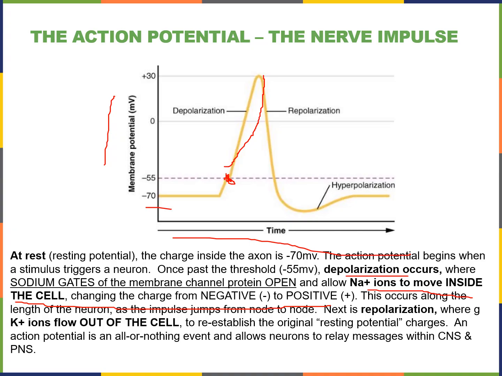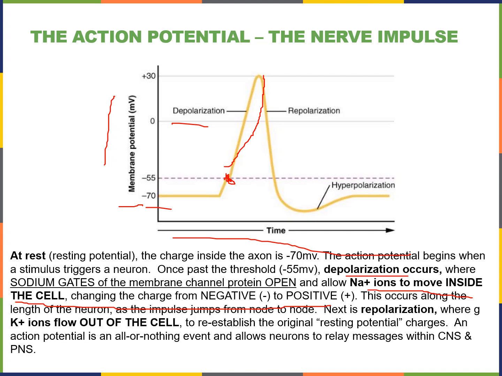The reason we have negative here is because you're measuring from inside to outside, and inside is negative. So we're getting that reversal where the inside becomes positive. That's depolarization. It occurs along the length of the neuron. The impulse jumps from node to node.